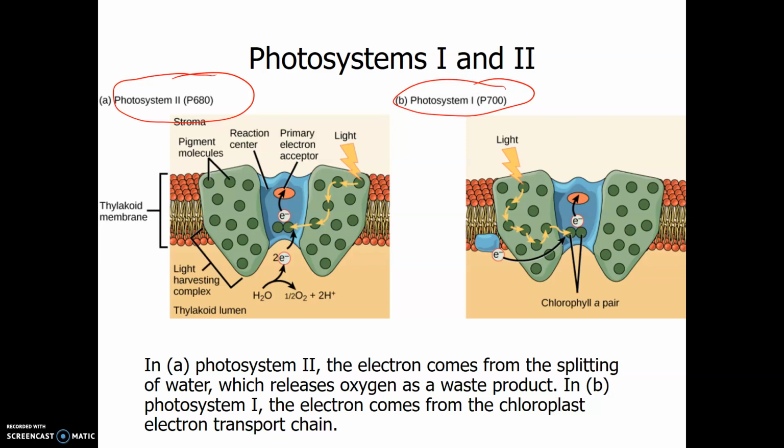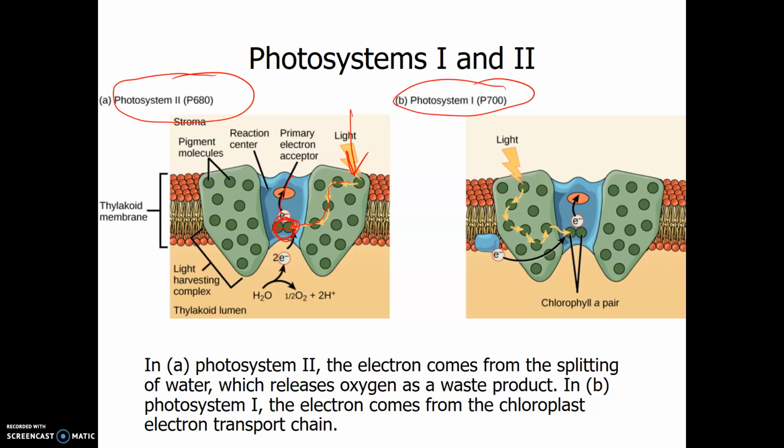So the first thing that happens is a photon of sunlight is absorbed by photosystem 2, and it excites an electron, and what you see is the pathway. This electron travels from pigment to pigment until it reaches those two chlorophyll A molecules called the reaction center, and then the reaction center sends the electron to the primary electron acceptor.